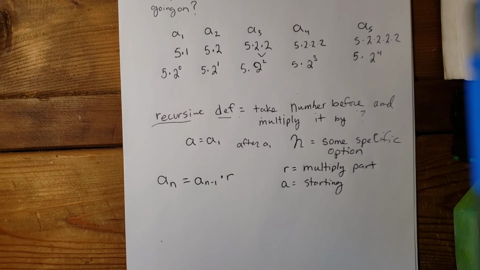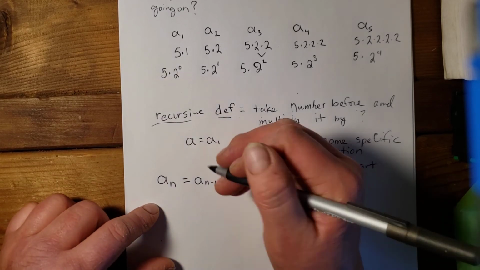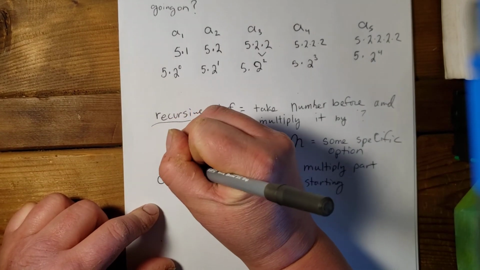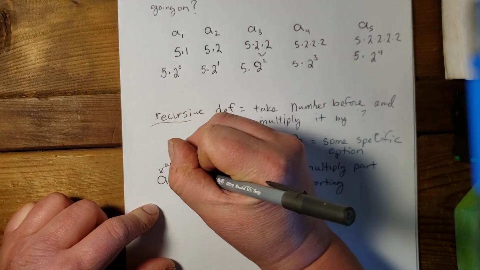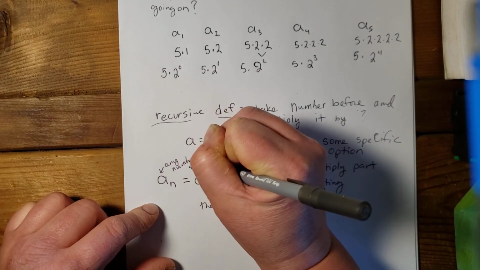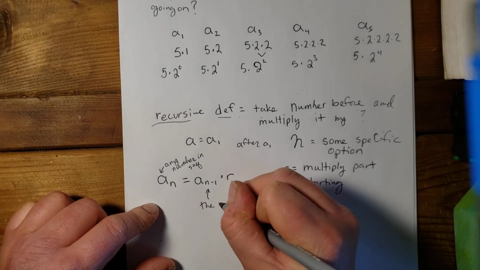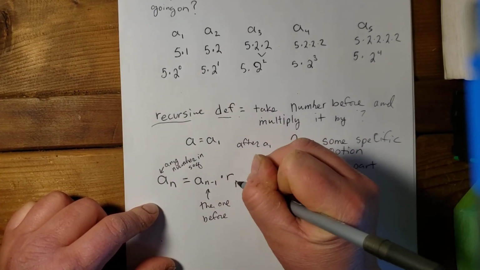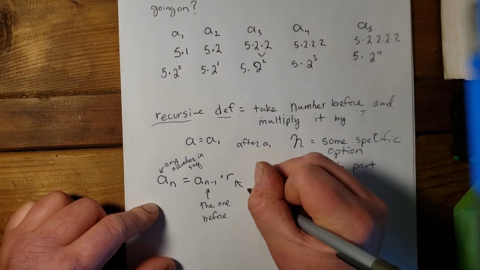You might need to play this a couple of times to get that concept because it's a weird concept. But what we're saying is any number in the sequence is the one before times whatever we're multiplying it by.